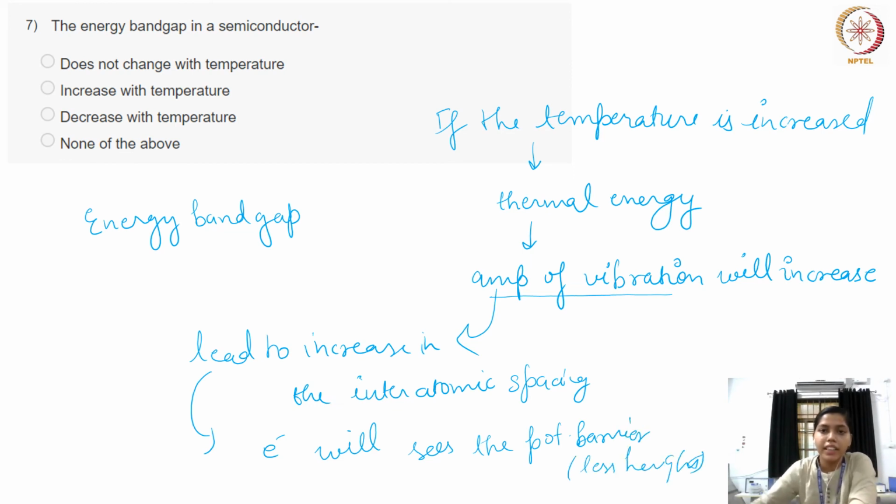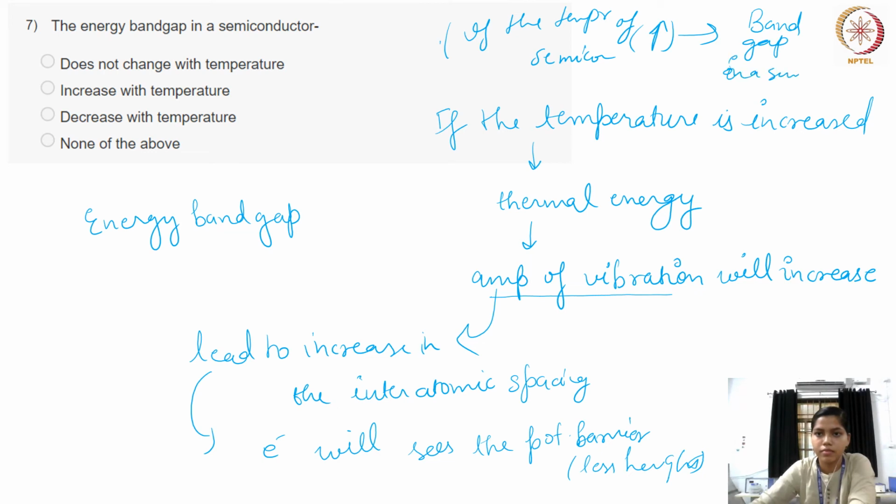So when this happens, I can say that if the temperature of a semiconductor is increased, the energy band gap value will decrease. This is clear? So is this clear to everyone?